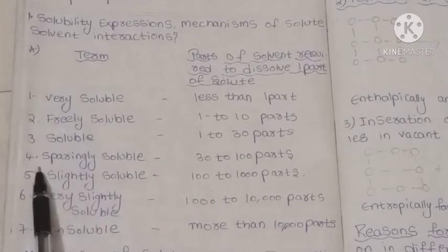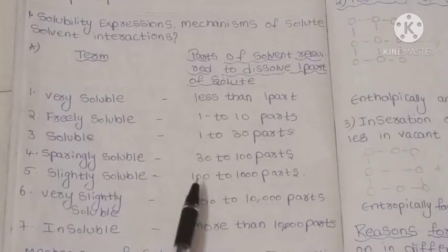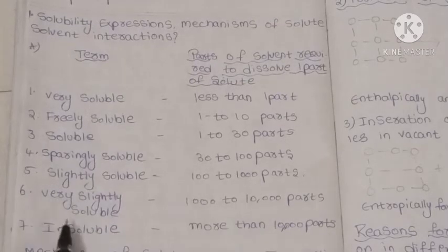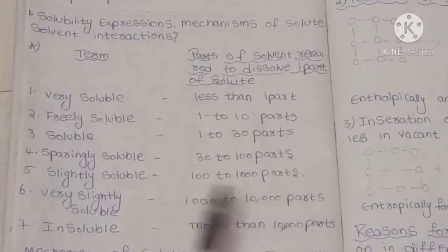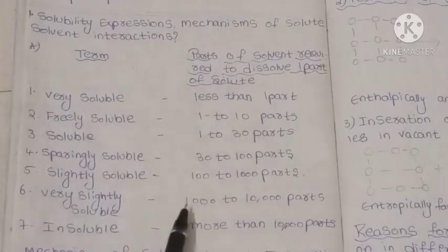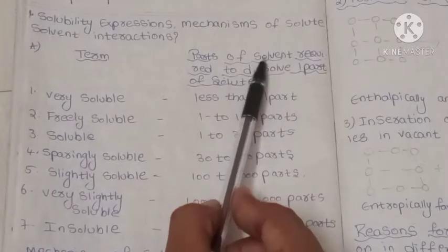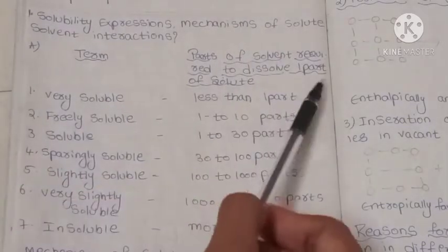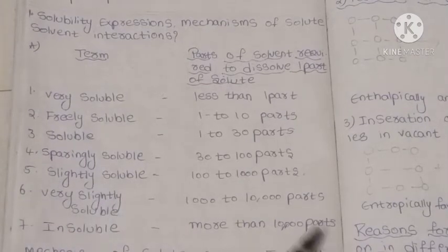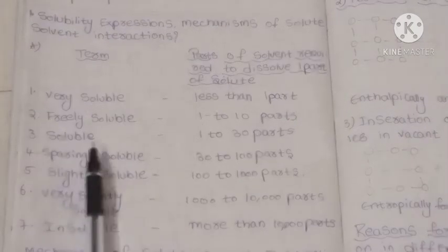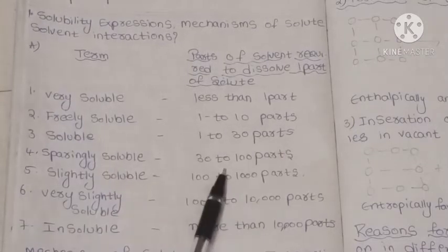If it is written sparingly soluble, 30 to 100 parts, slightly soluble 100 to 1000 parts, very slightly soluble 1000 to 10,000 parts of solvent required to dissolve one part of solute, and insoluble more than 10,000 parts. This is the solubility expression and the terms and their parts.